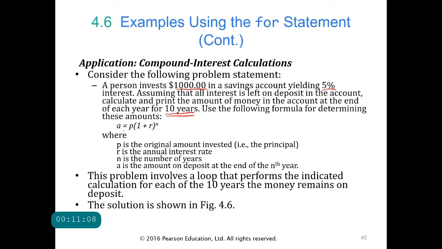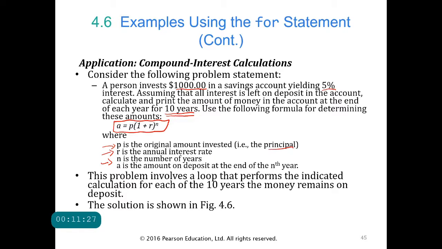Now this is generally evaluated using the formula of compound interest, which is written over here. What is P? P is the original investment or the principal. R is the annual interest, so that is 5%.